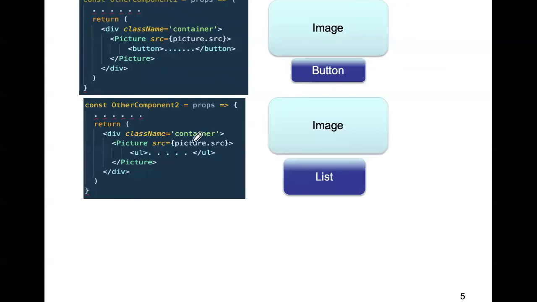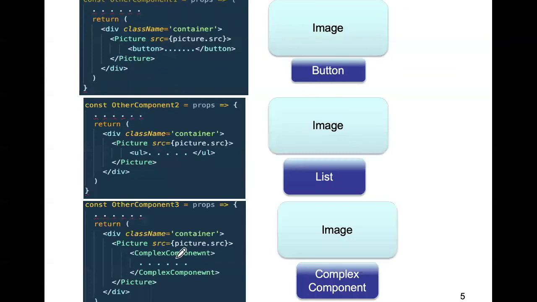Here's another consumer, but in this case, it looks like it's passing an unordered list. So in this case, it would render the unordered list after the image. And in this case, I'm passing it some other custom components that I've developed. And the rendering of the picture looks like this. So my picture is being reused in many different scenarios.